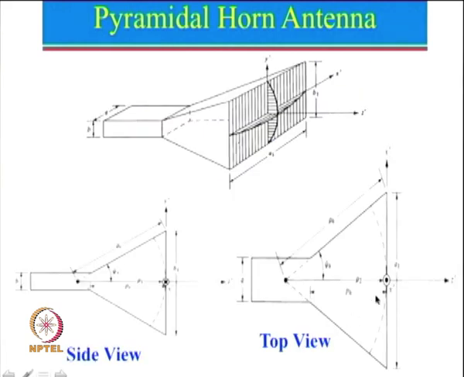If you look here, the distance from here to here is known as the distance from the aperture. Aperture is also referred to sometimes in books as the mouth of the horn antenna, and this one over here is known as the neck of the horn antenna.